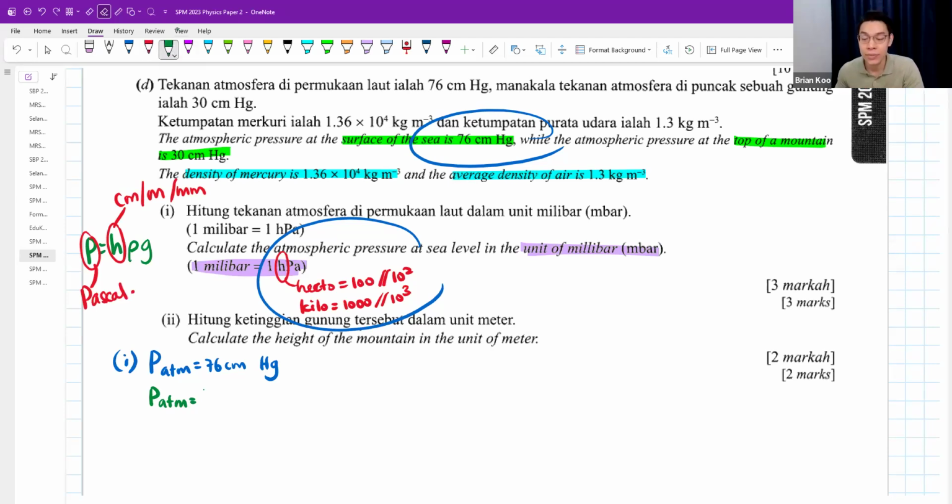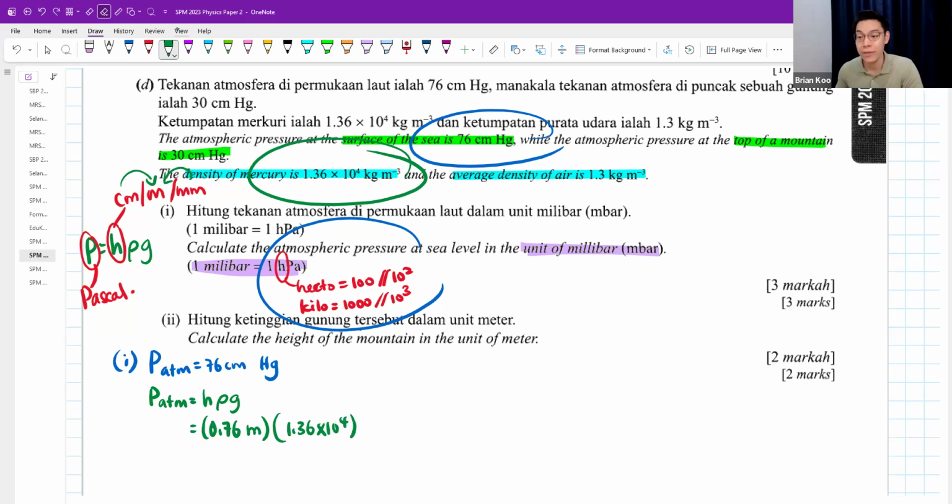You want to find Pascal, which means you want to find the P. So you substitute these 3 things. But you have to be careful. You have to use SI units. If you want to get Pascal, you have to use SI units. So if you have cm, you change to meter. If you have mm, also change to meter. So that is 0.76 meter of mercury. Density of mercury is 1.36.